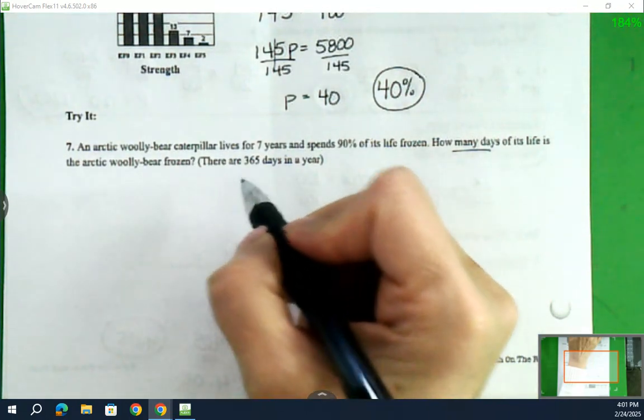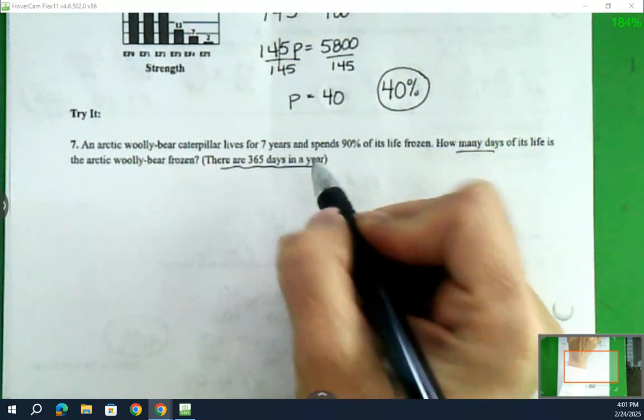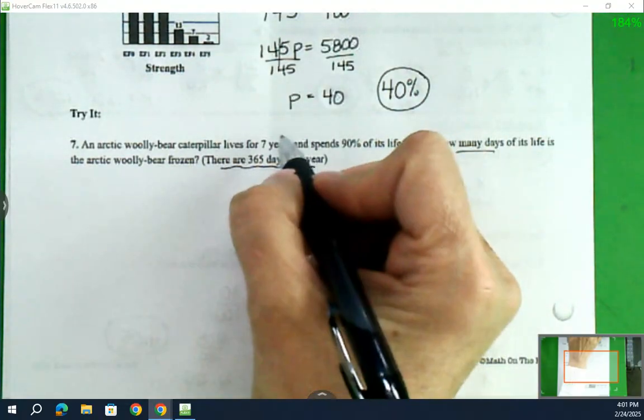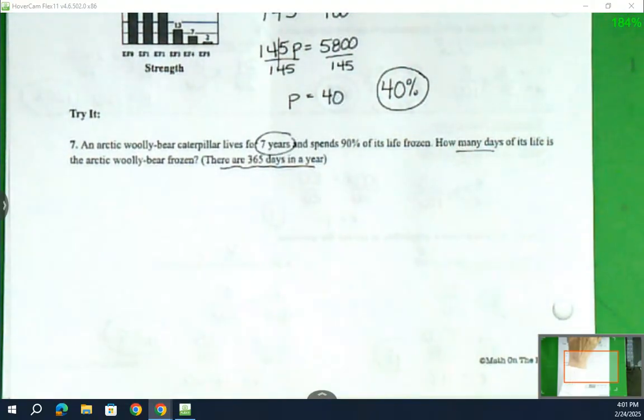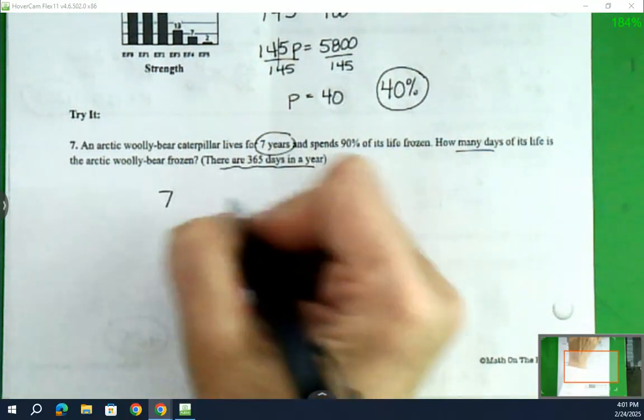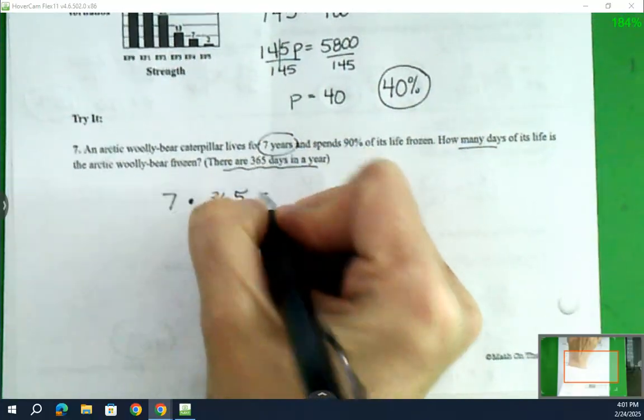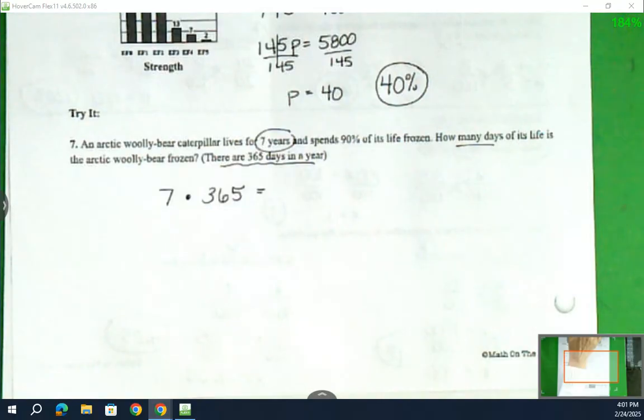And then they're telling us there are 365 days in a year because they basically told us that the total lifespan is 7 years. So the first thing we need to know is in units, what is 7 years? So we're going to do 7 years times 365 days to get a total of days.